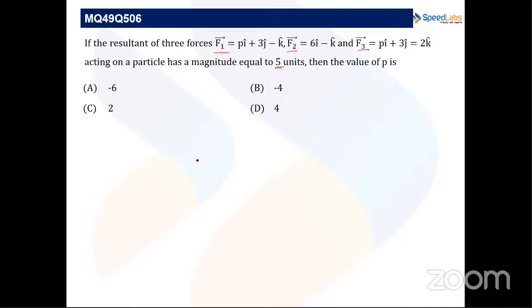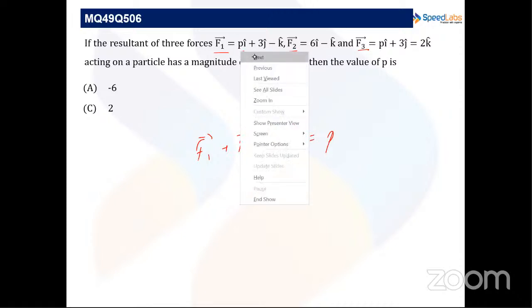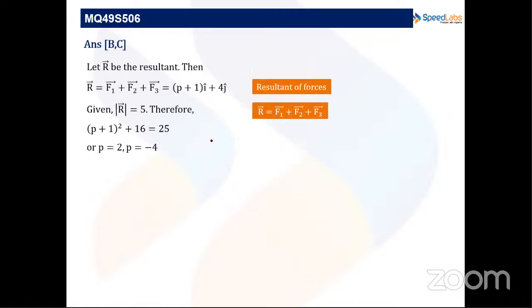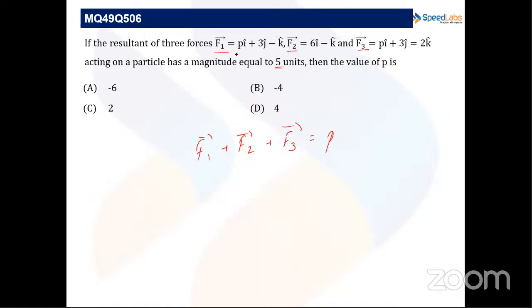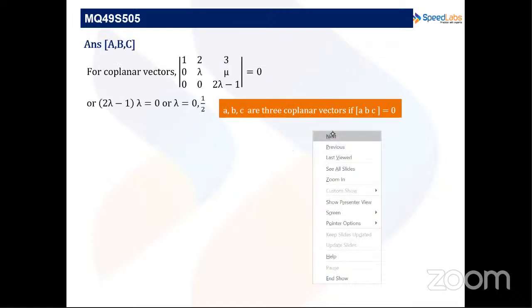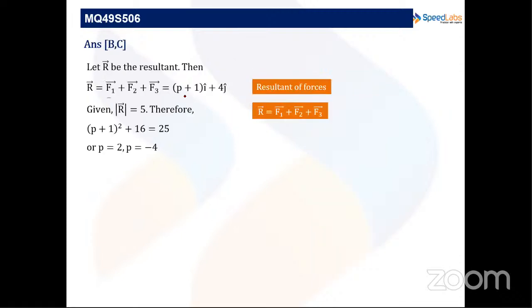We have to just add the three forces F1 plus F2 plus F3, and on adding, we will get (P plus 1) I cap plus 4 J cap.